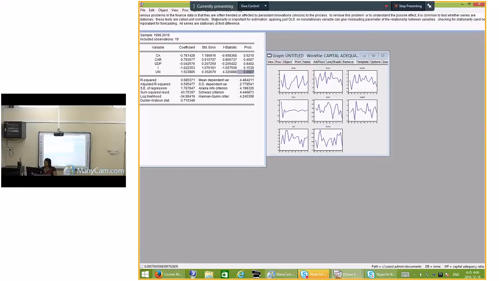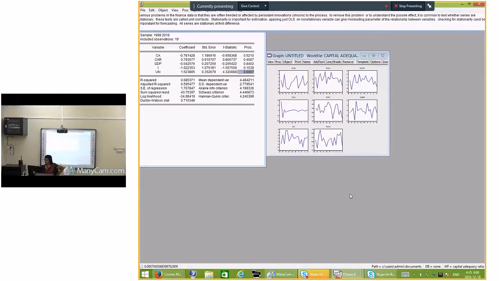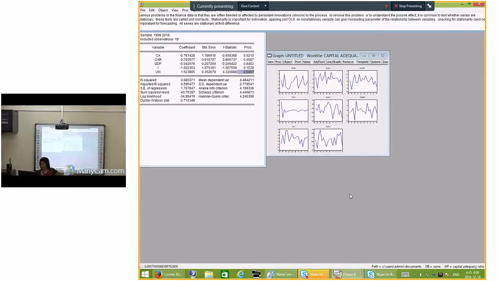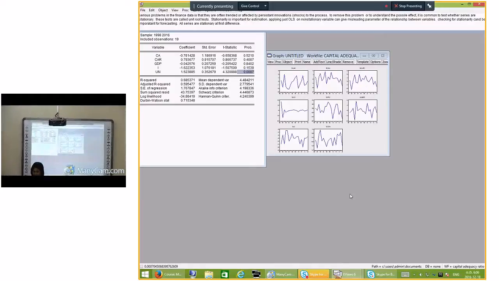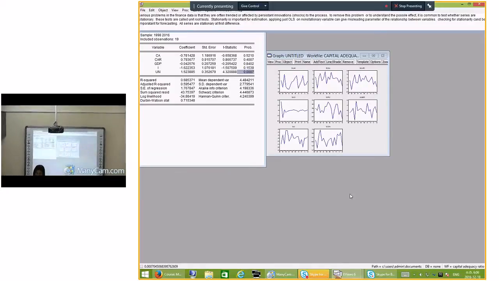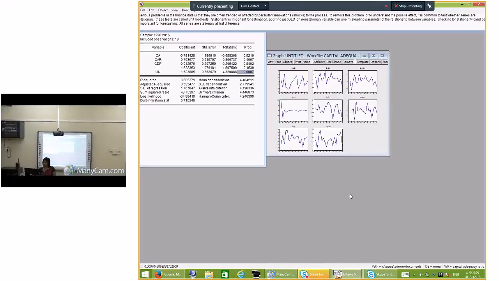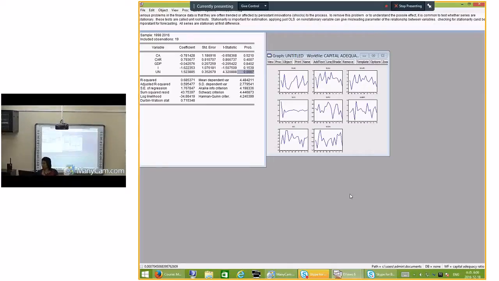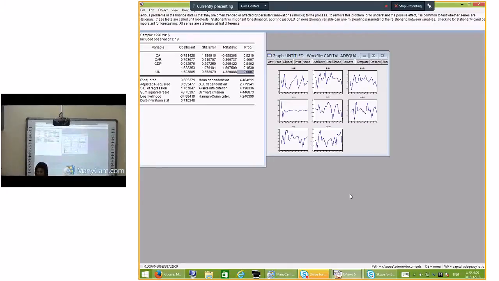So that's why we will get misleading results. That's why it is important to check for non-stationarity, after checking stationarity by using unit roots, the Dickey Fuller test.